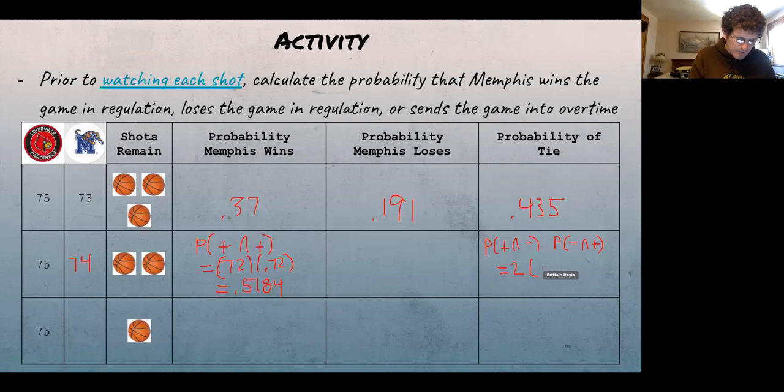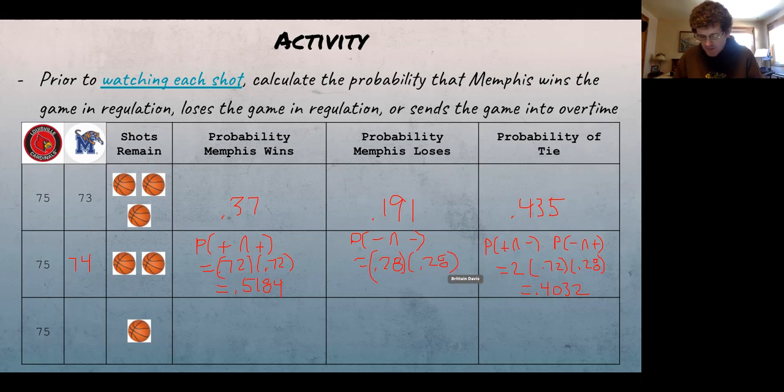So that's going to be 2 times 0.72 times 0.28, which is 0.4032. And they only lose if he misses both, which is just 0.28 times 0.28, which is 0.0784. So they're in a good spot right now.